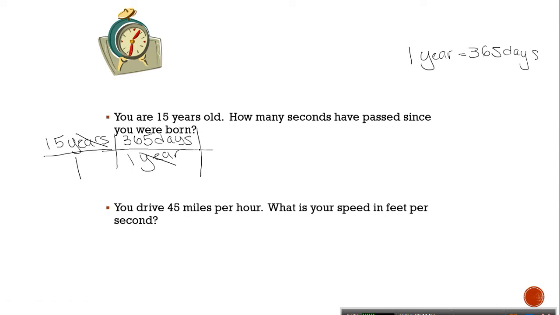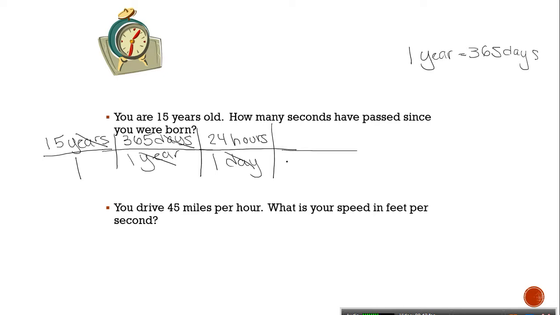So my next smallest unit from days would be hours. So 1 day has 24 hours in it. My days are gone, and then I have 24 hours. I still need to get to seconds, so I'm going to get even smaller. The next smallest unit would be minutes.